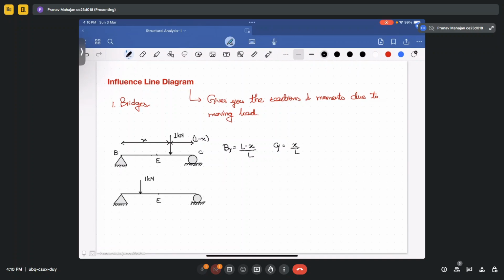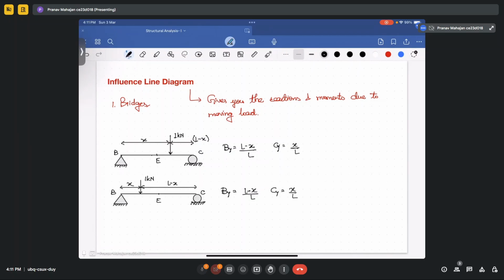Now this is your 1 kilonewton load, and this is your distance h, and this is your distance L minus h. So in this case, your By will be (L minus h) upon L, same. Cy will be (L minus h minus L) upon L.